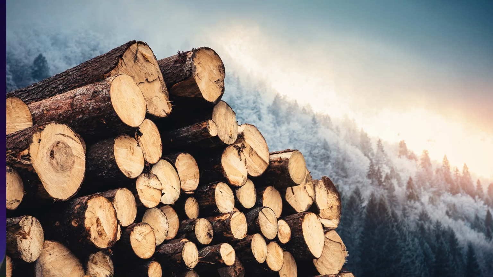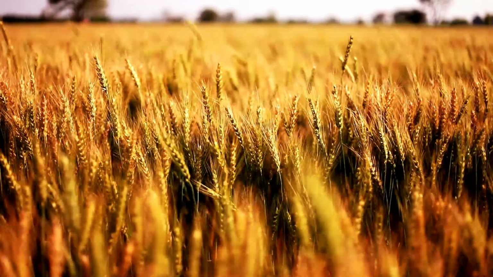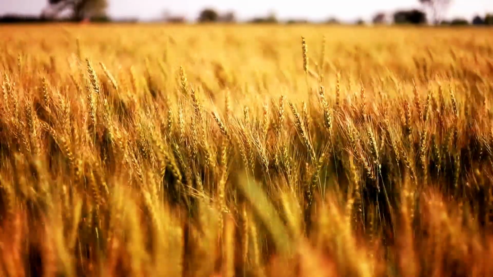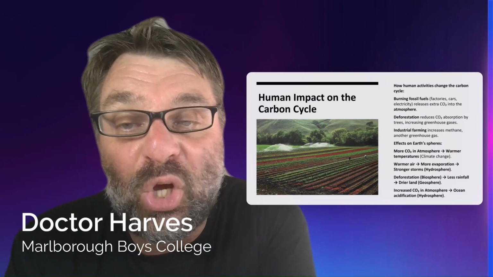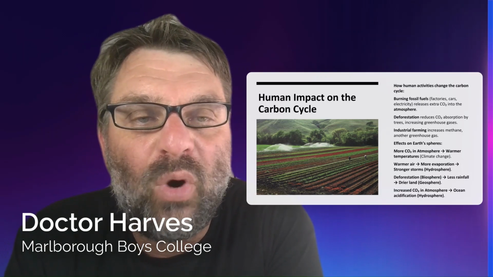Deforestation, cutting down trees, reduces carbon dioxide absorption, increasing the greenhouse gases in the atmosphere. Industrial farming can also increase methane. Cows, for example, fart and belch a lot, which releases methane, another greenhouse gas. Methane also contains carbon, its formula is CH4, so 1 carbon and 4 hydrogens.